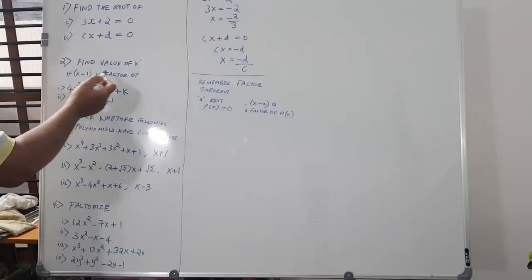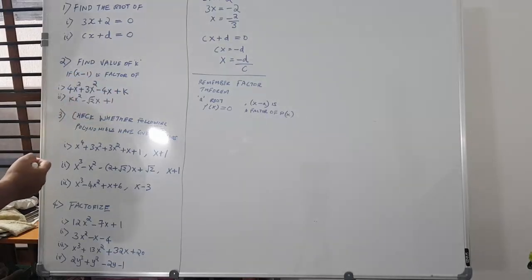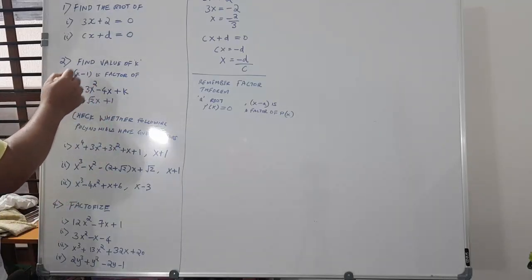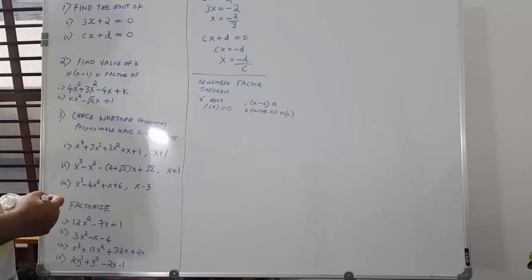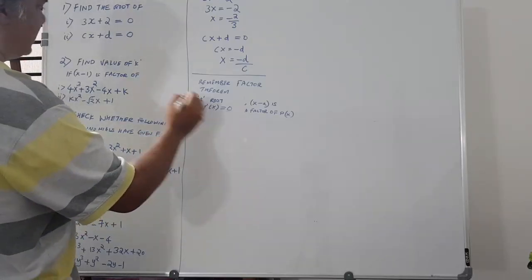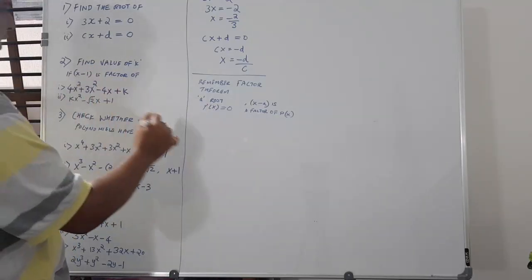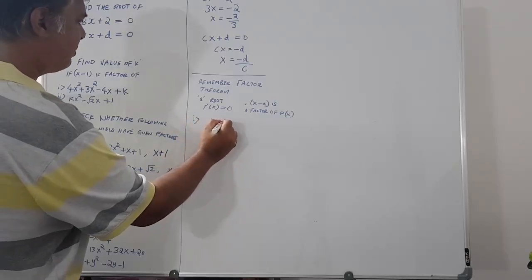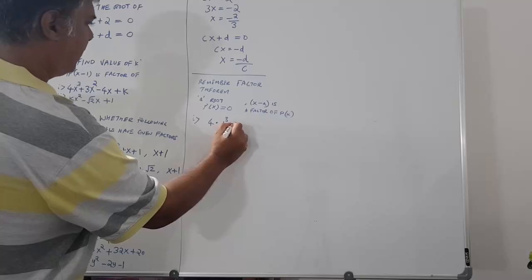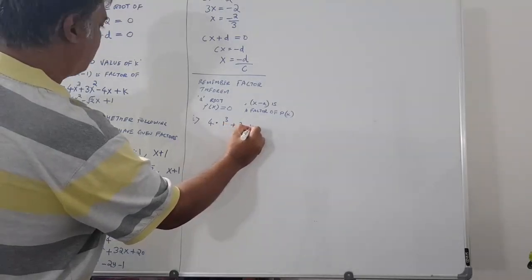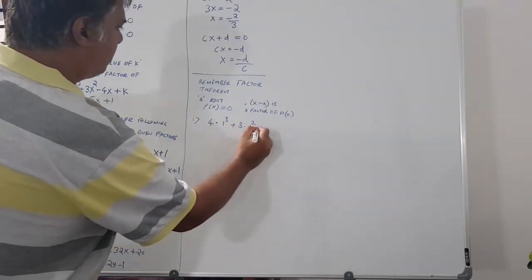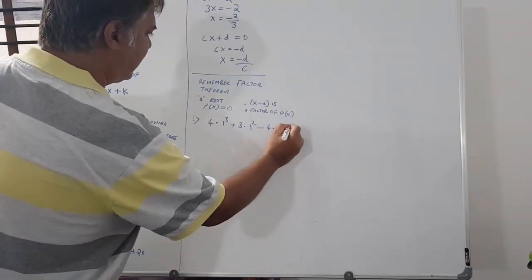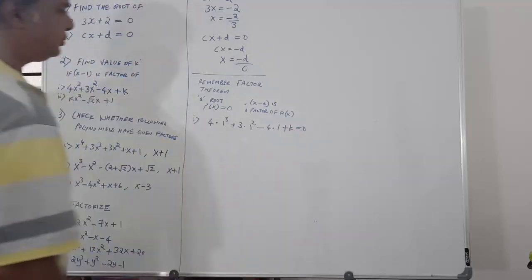So if x minus 1 is a factor, obviously a must be a root. If a is a root, if I substitute the a in the equation, I must get 0. So in the first case, since x minus 1 is a factor and 1 is a root, I get 4 multiplied by 1 cube plus 3 multiplied by 1 squared minus 4 multiplied by 1 plus k equal to 0.